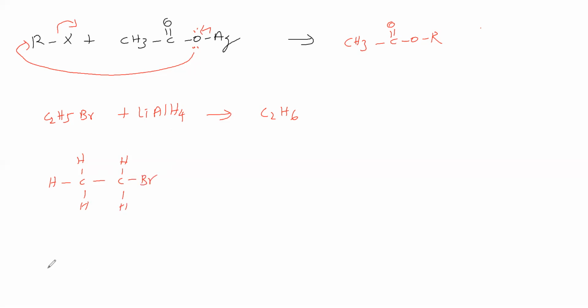This lithium aluminum hydride we can write as Li plus AlH4 minus. So what happens is this hydrogen takes this bond and attacks this carbon. Br minus is leaving. Therefore, we are getting C2H6.